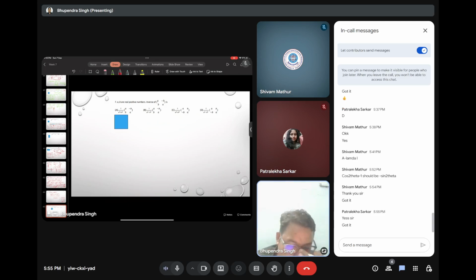Nice. Okay, moving to the next question. A and B are the real positive numbers. Inverse of this you guys must do. Tell me the answer. This you should do.